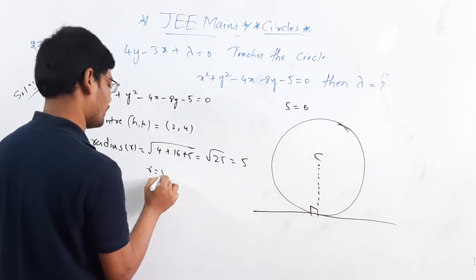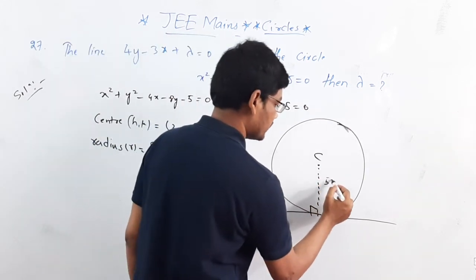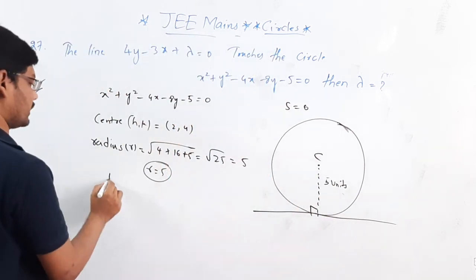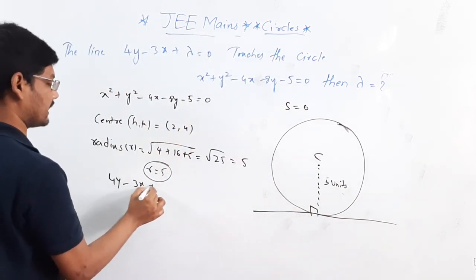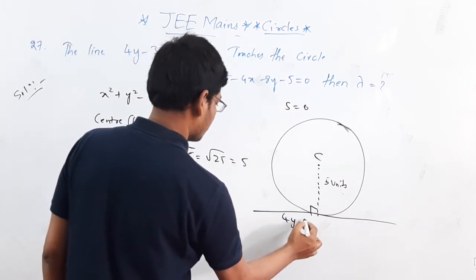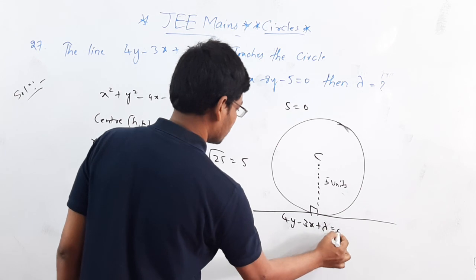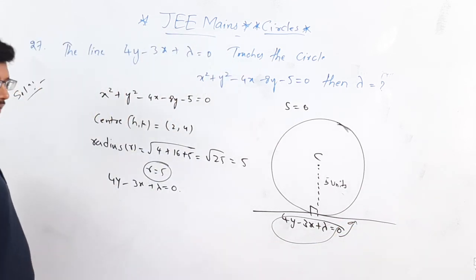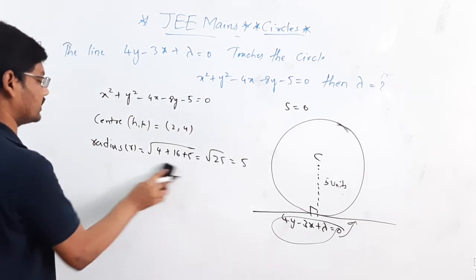R we got 5 units, and he has given one line 4y minus 3x plus lambda is equal to 0. This is the line equation, and from this line equation I am finding the perpendicular distance here.